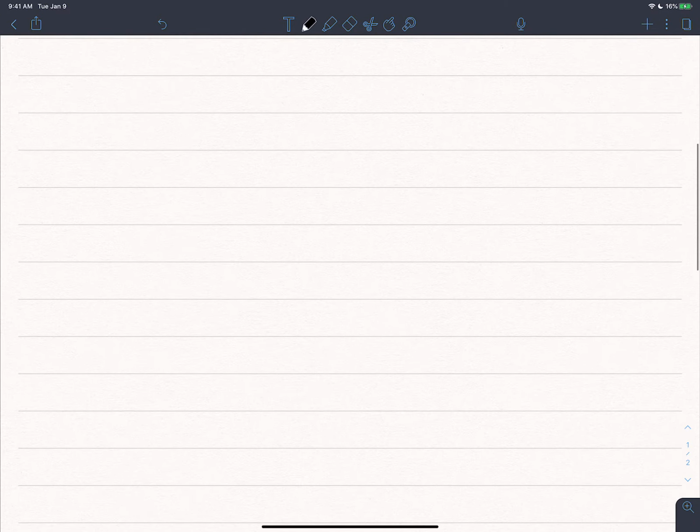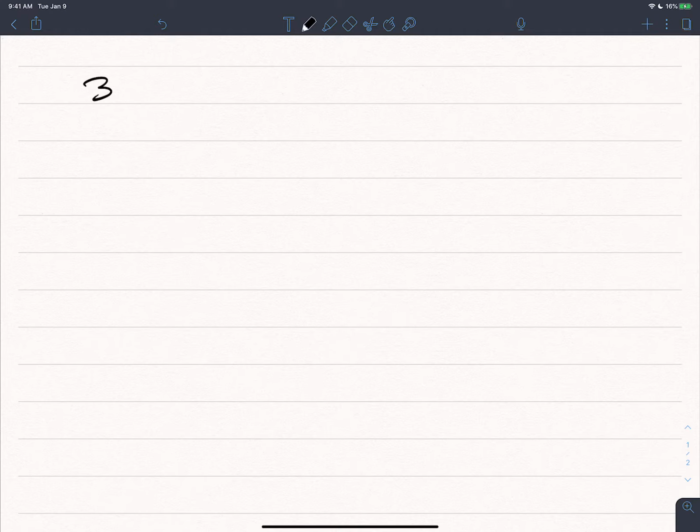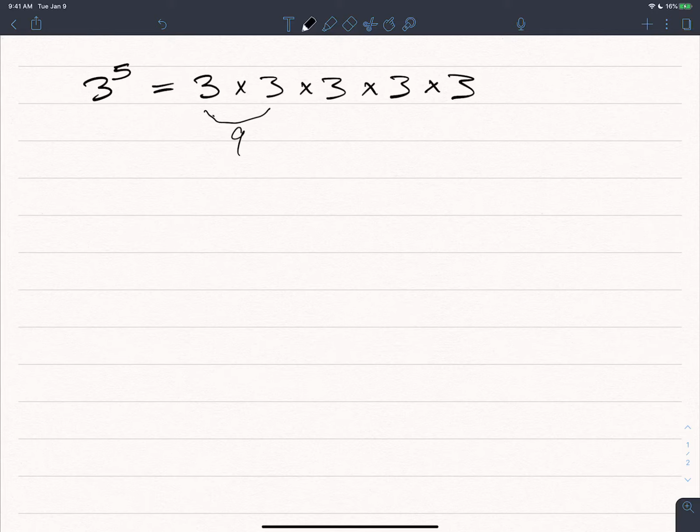Let's look at an example. Let's say we had 3 to the 5th. What would this be? Well, this would be 3 times 3 times 3 times 3 times 3, 5 of them. I'm not going to multiply that out, but I could try. 3 times 3 is 9, times another 3 is 27.